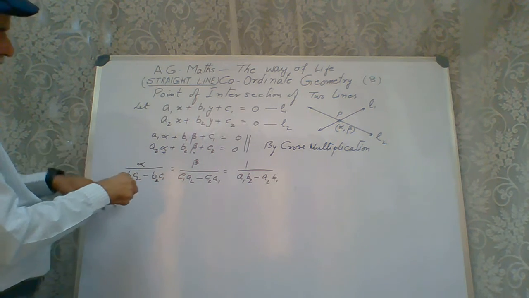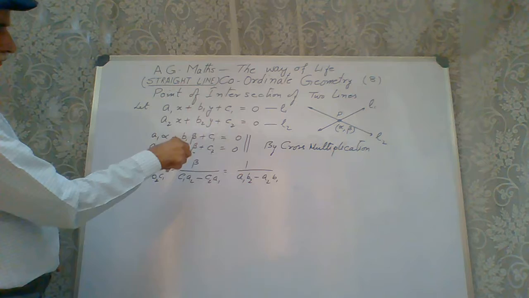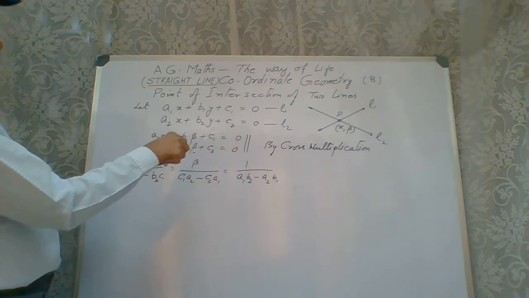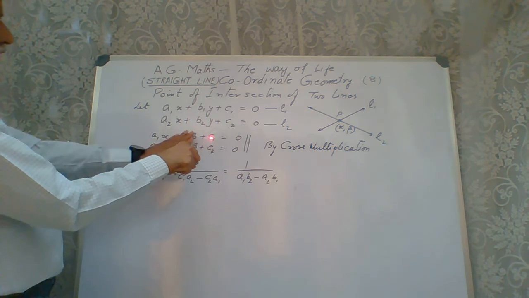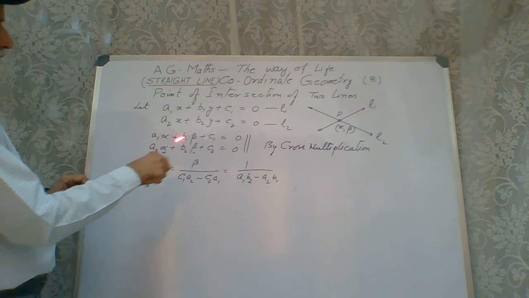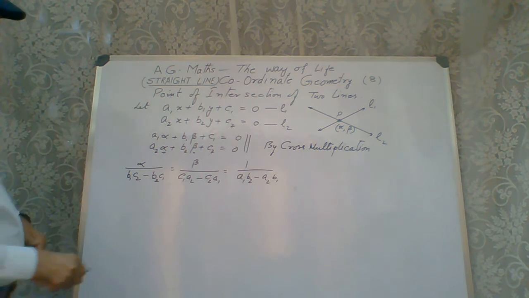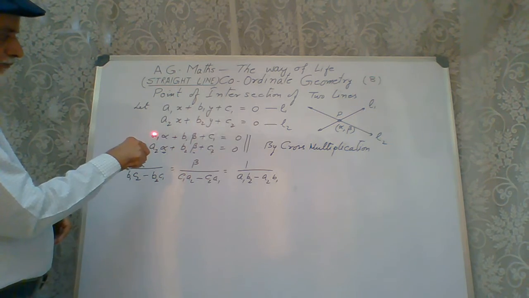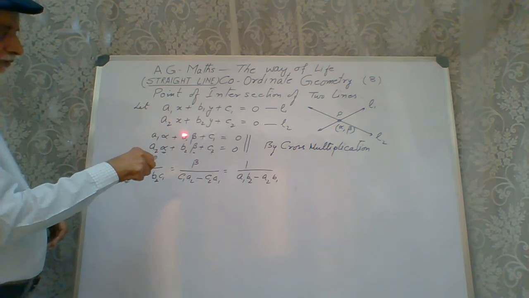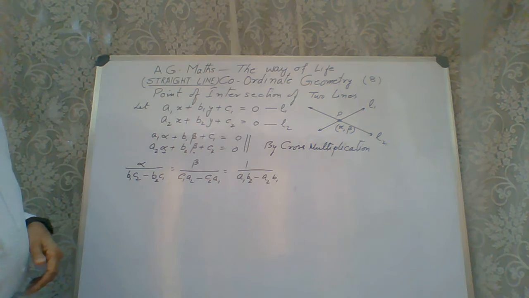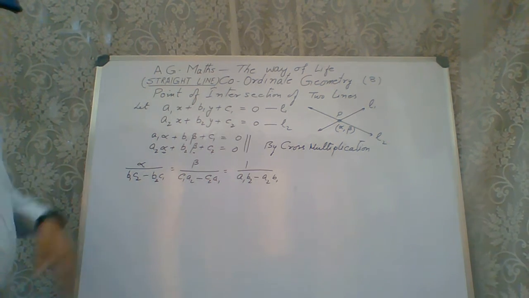We stopped at c1, so from c1 we start and go to a2: c1 a2 minus c2 a1, like this. And for the last one, simply here to here minus this. So this is what we write.